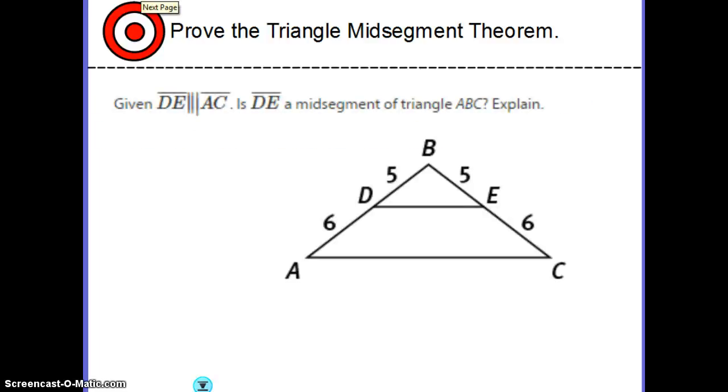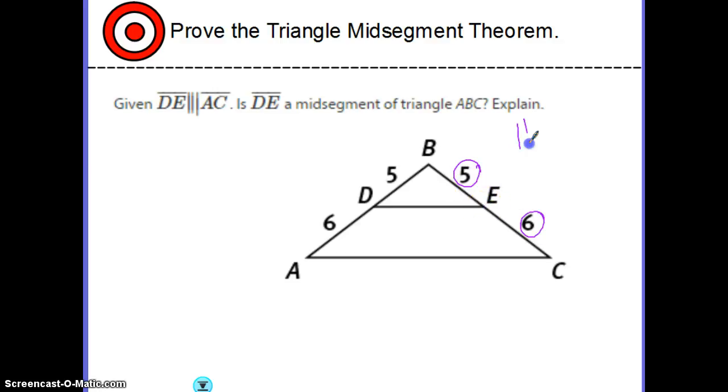Here's another question. I'm given that DE is parallel to AC, so I'm thinking that satisfies the triangle mid-segment theorem. So I'm asking myself, is DE a mid-segment for this triangle? But when I look at this, there's an issue. Remember, the definition of a mid-segment has to be connecting the midpoints. Does this show that this is a midpoint?